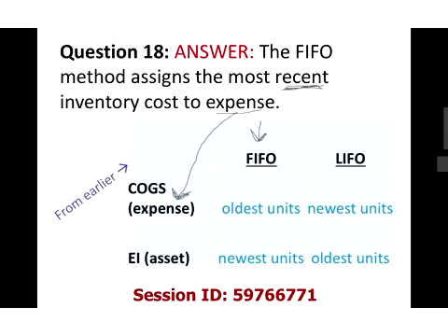FIFO column, cost of goods sold. What I'm asking is, I'm saying recent. Recent means newest. So are these the newest units in expense under FIFO? Is that true or false?